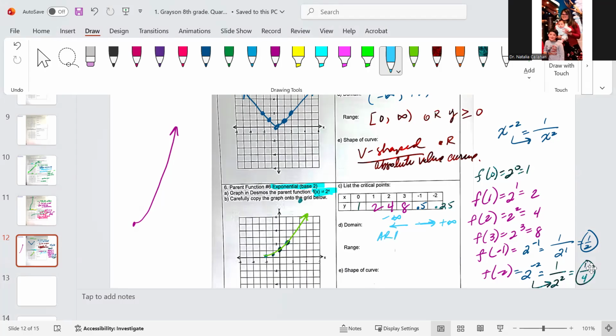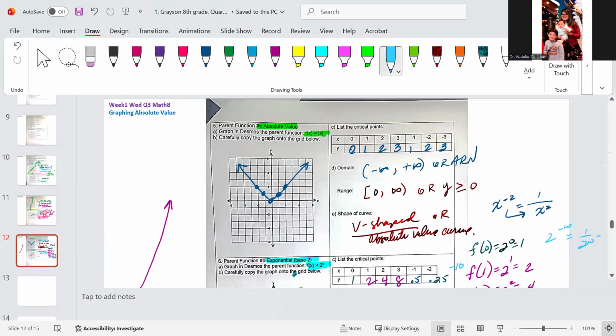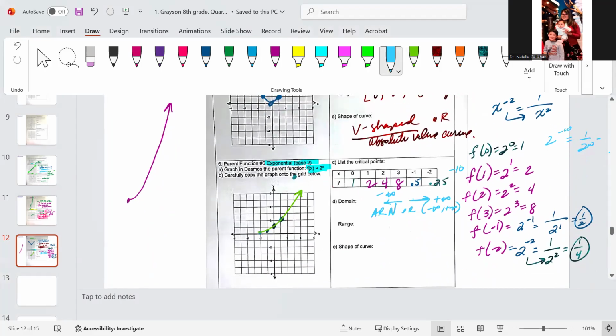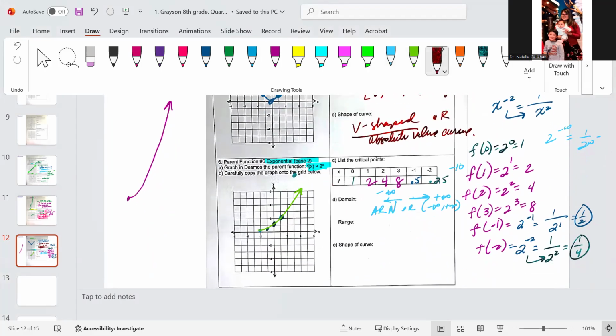If you put like a negative 10 here, do you think you'll get a number for the y? Yeah, it'll be a really small number, right? Because think about it. 2 to the negative 10 is 1 over 2 to the 10, which is 1 over some really big number, which makes it a very small number, right? So it's still going to be negative infinity. Does that make sense? So negative infinity to positive infinity.